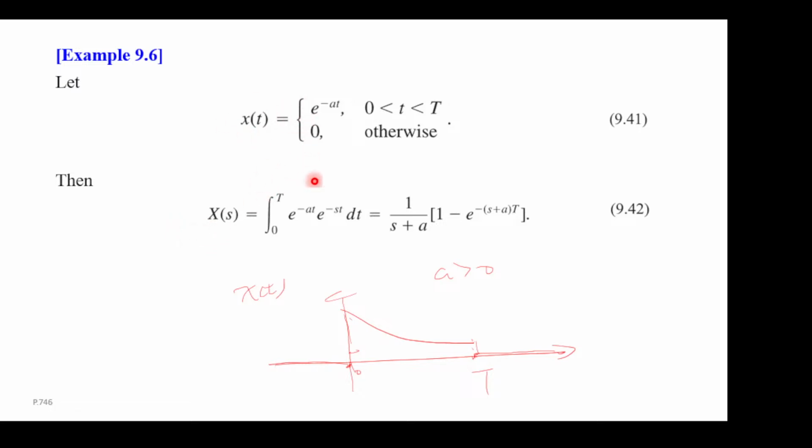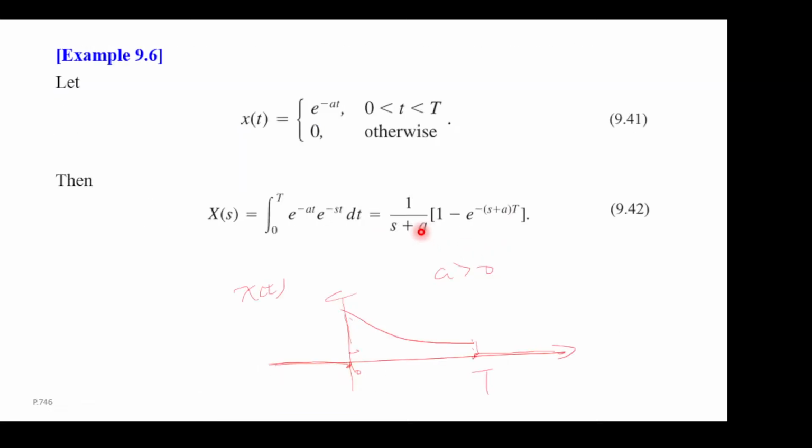If you do the brute force calculation, you run the Laplace transform equation, so X of s equals the integral of x of t e to the minus st, integrating from minus infinity to plus infinity, but cut off from 0 to T. You do this integral, there you have the exponential, then you get 1 over s plus a, times 1 minus e to the minus (s plus a)T.